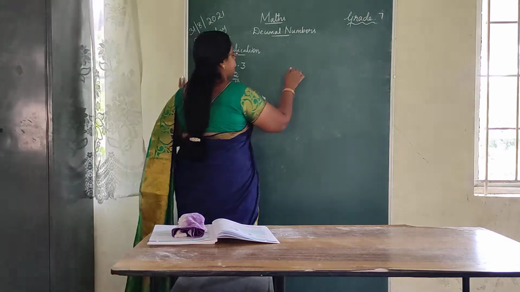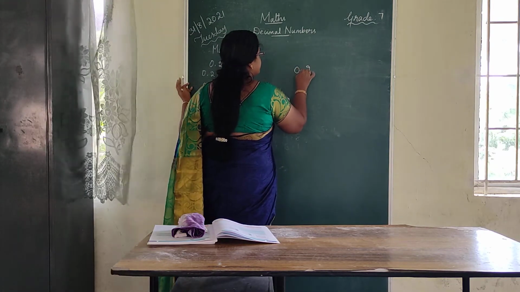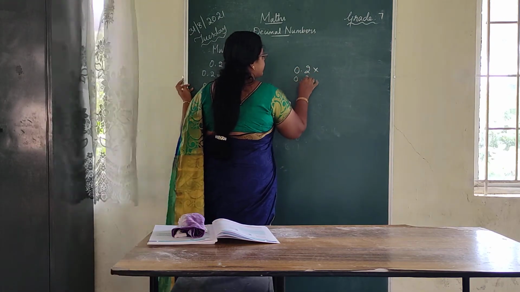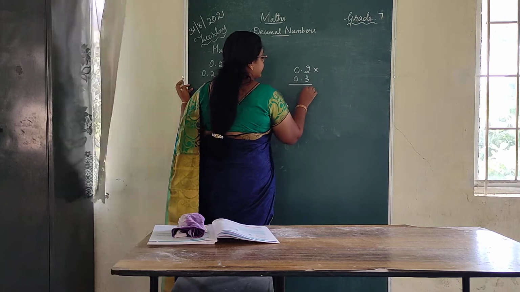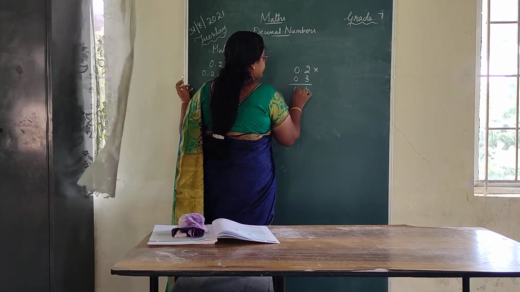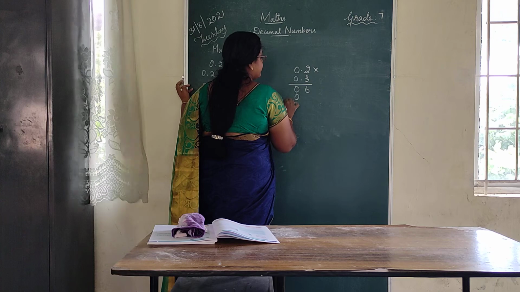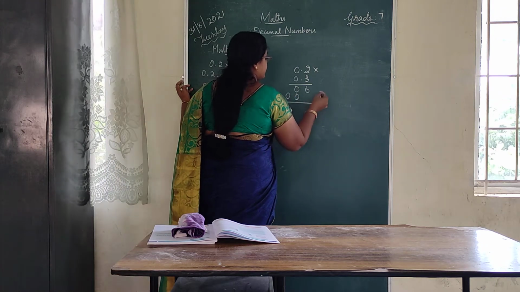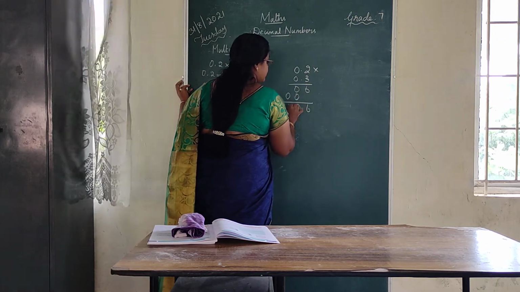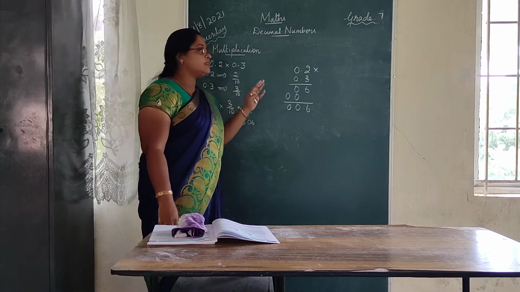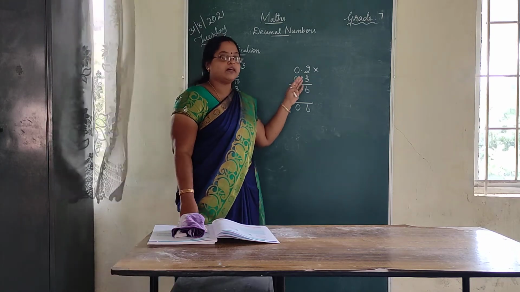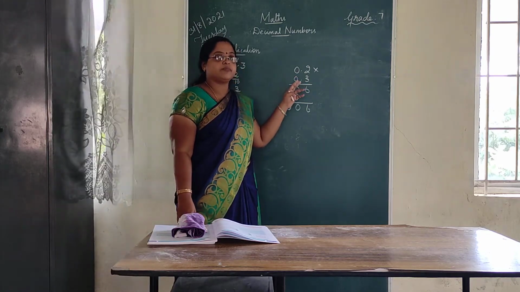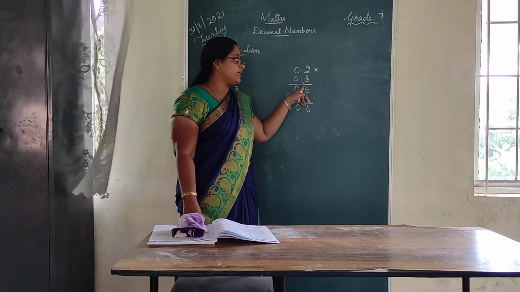The same question I am going to multiply in the ordinary method. How can we multiply? 0.2 into 0.3. Multiply 6, 0, 0. Okay. In this multiplication you have to check the number of decimal values. Here one decimal, here one decimal.